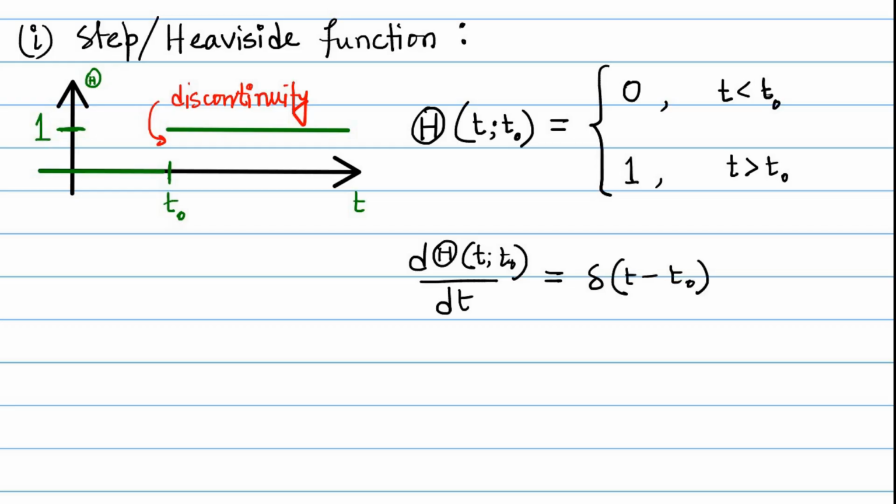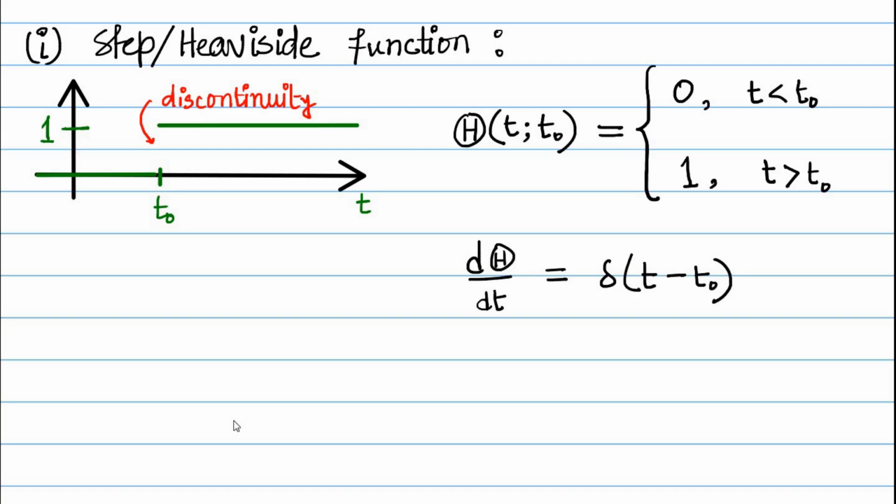Because, well, after t0, the functional value is a constant, so therefore the derivative is 0 everywhere after t0, and before t0 it's also 0 because, again, its functional value is a constant. So we know that the delta function is 0 everywhere, but right at t equals t0, the function goes through a sudden jump, and so the rate of change is infinity, which is exactly coinciding with the definition of the delta function, and that's why this identity holds.